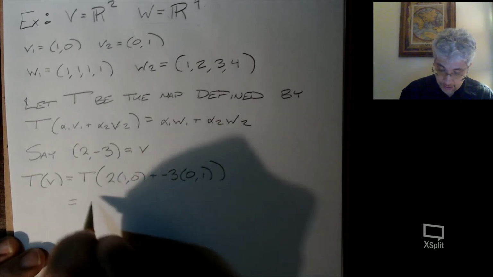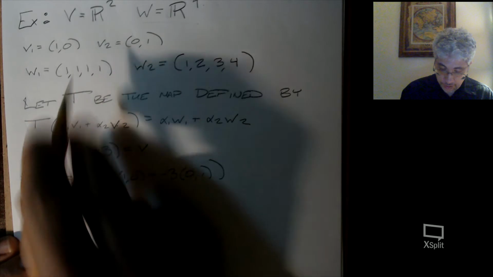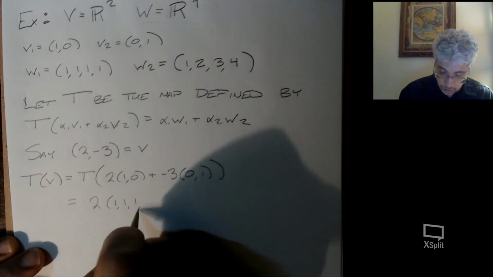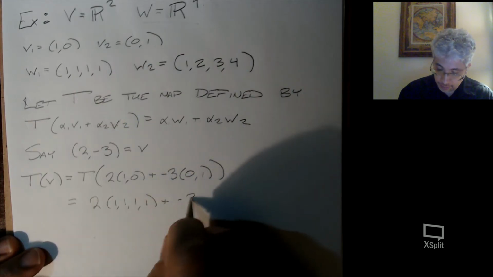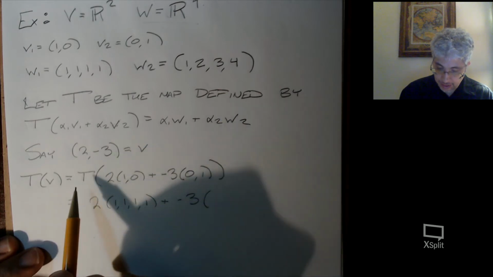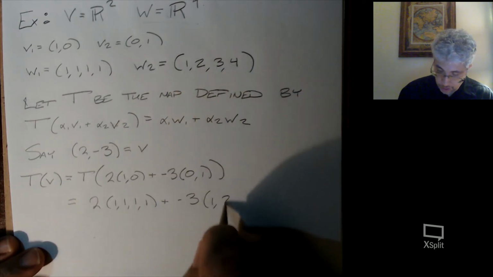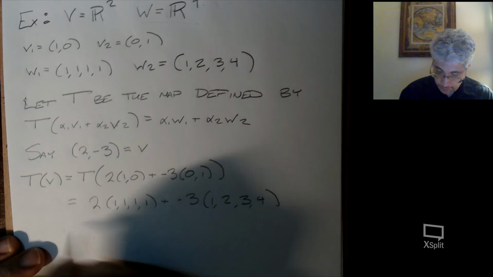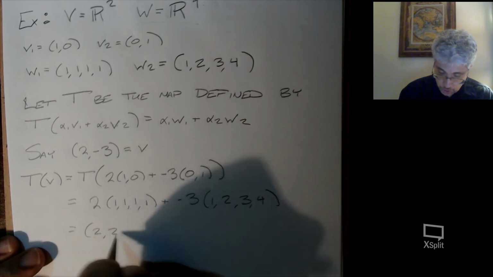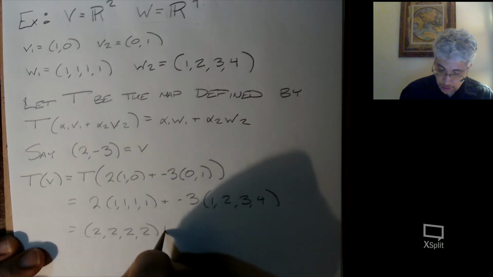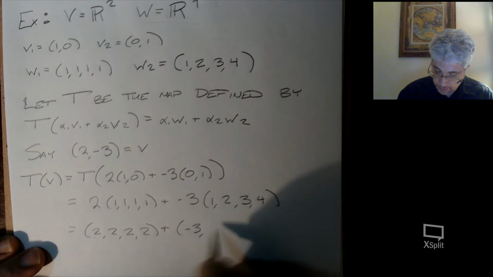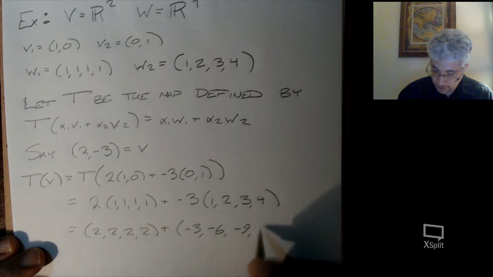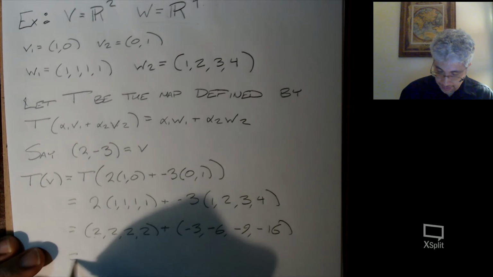It sends this to 2 times, well, where does (1, 0) get sent? (1, 1, 1, 1). And then plus minus 3, where does (0, 1) get sent? Well, it gets sent to (1, 2, 3, 4). So this goes to (2, 2, 2, 2) plus (-3, -6, -9, -12).